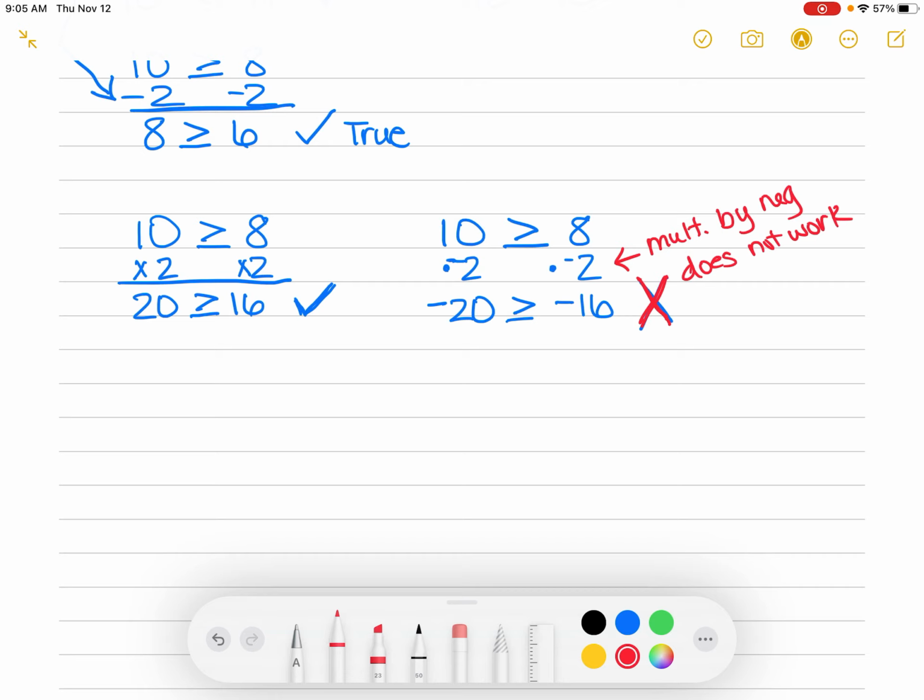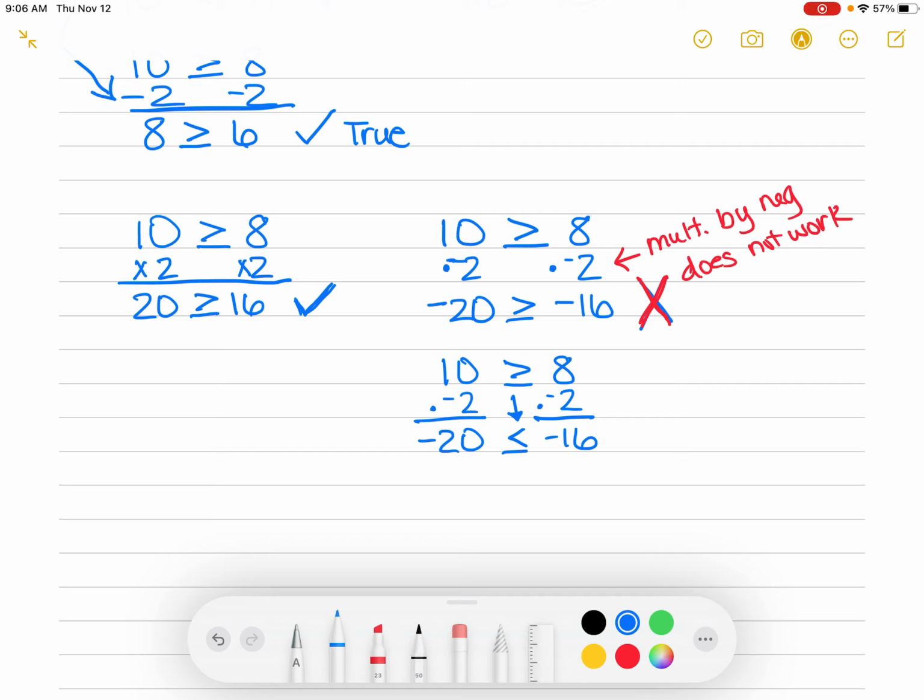So instead of saying, oh, I can't multiply by a negative, let's think about what we can do to make that statement true. I'm going to rewrite it again, and I'm going to multiply by negative 2, same thing I just did. But when I do it this time, I get negative 20 and negative 16, and I'm going to flip my inequality sign.